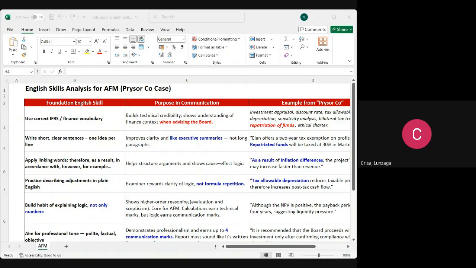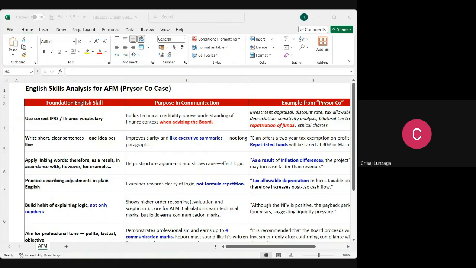To make it clear, when we say writing in English, as you said, it only focuses on grammar, English grammar, and sentence structure for general communication. On the other hand, writing in financial English focuses on technical terms, financial terms.